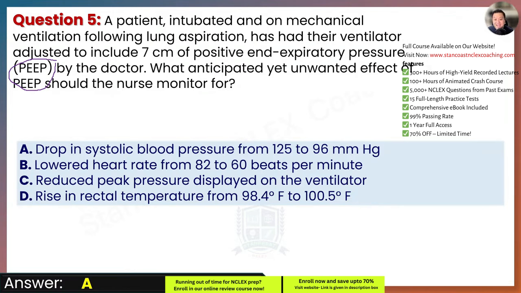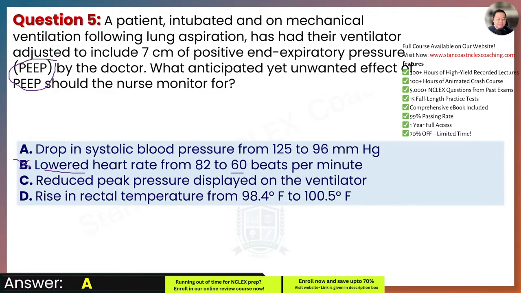That's why there's going to be tachycardia to keep blood flowing. But since this option suggests a slower heart rate instead, it doesn't match how the body typically reacts to PEEP. That's why you're going to eliminate B. What's concerning here is tachycardia, not a heart rate that is within the normal range of 60.